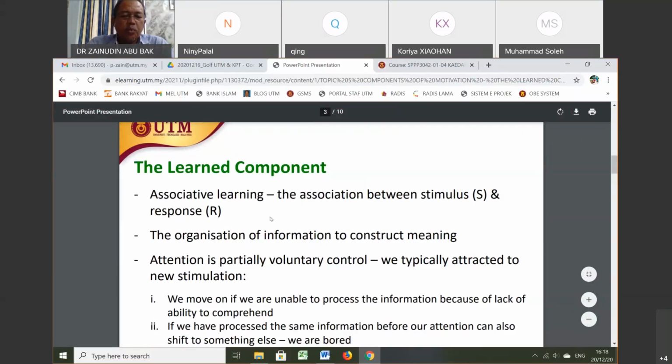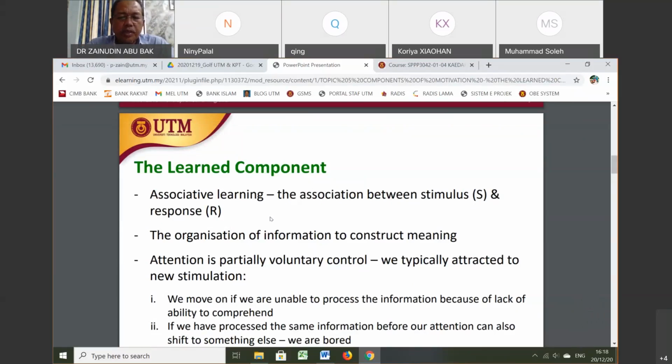So if you look back to the behaviorism theory, we can understand the connection between stimulus and response. People will respond to a specific stimulus, but don't be surprised, sometimes the response is not as expected. So it happens many times.